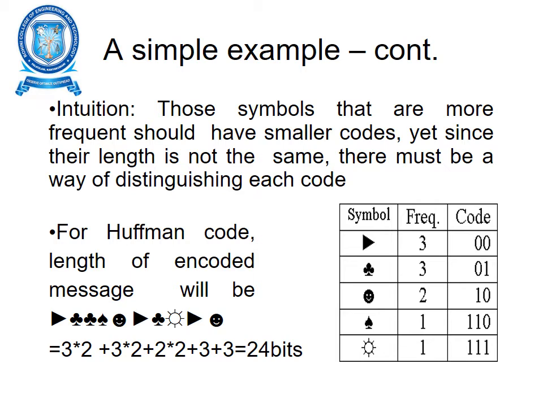For Huffman code, the length of the encoded message will be like this. For that triangular symbol I am using 3, and for the flower symbol I am using 3. We have 2 of them, so that is why I am multiplying by 2. While in the first case it required about 30 bits, when we replace it by the symbol it requires only 24 bits.